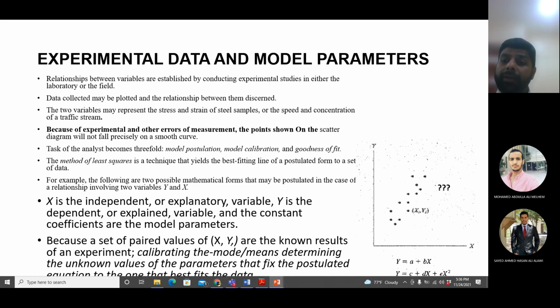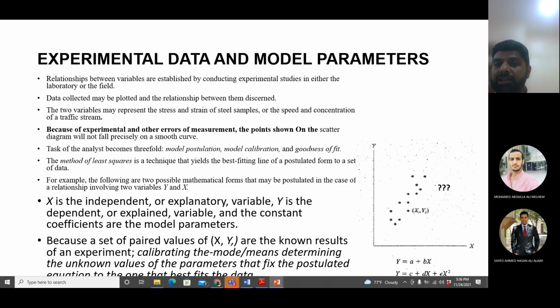Now, when you want to prepare a model, an equation which can show the relationship between x and y, you will go through three steps. The first step is model postulation. The second step is model calibration, and the third step is goodness of fit. Model postulation means discerning what type of relationship there is between the two variables.